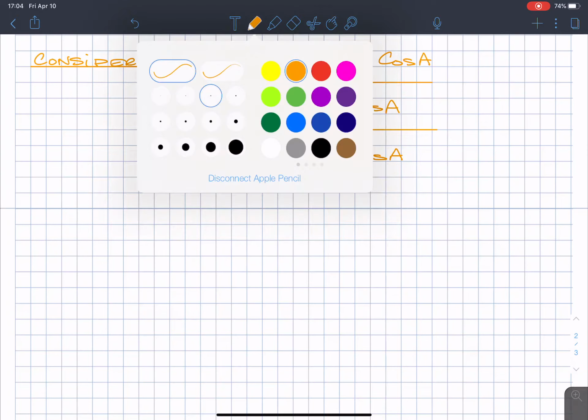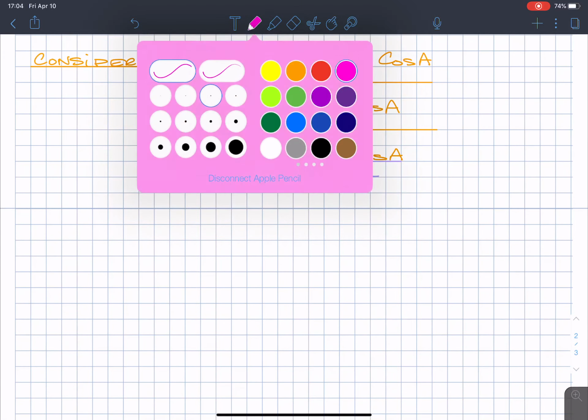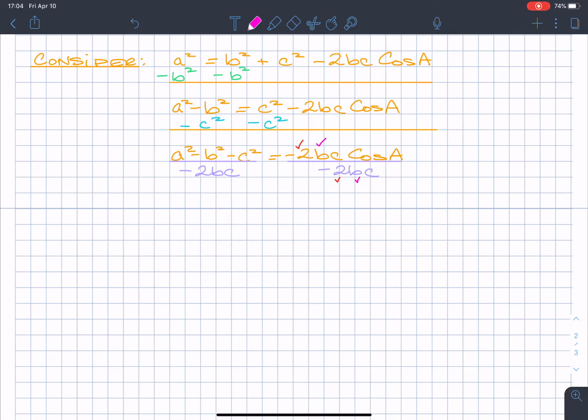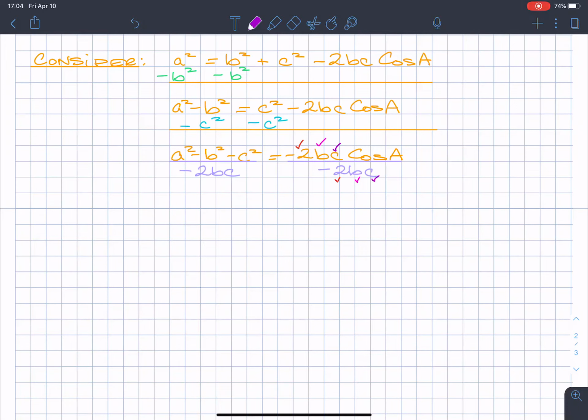And last but not least, let's go ahead and divide by negative 2bc. Okay, so on the right, the negative 2's reduce, the b's reduce, and the c's reduce.